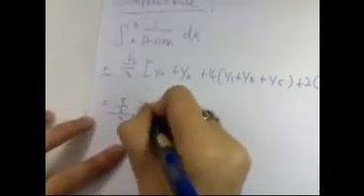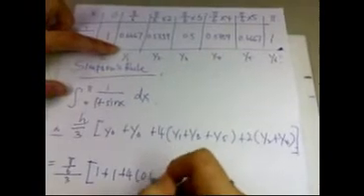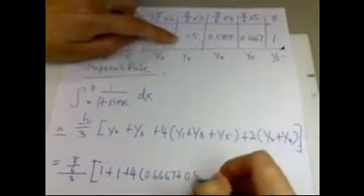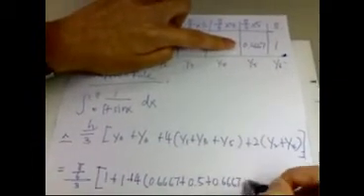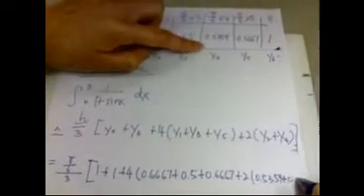Okay, y0 will be 1 plus our y6 will be 1 also, plus 4 times (y1 is 0.6667 plus y3 0.5, y5 0.6667) plus 2 times (y2 0.5359, and lastly y4 0.5359).